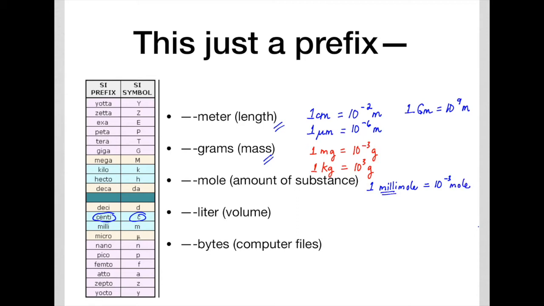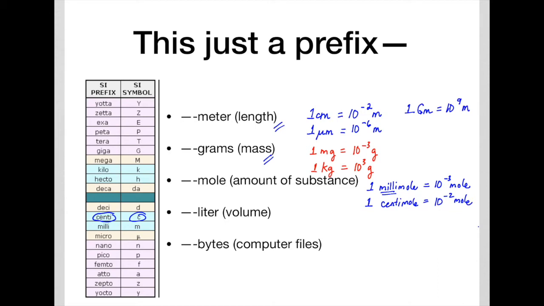So these are my dimensions. Another, if I have 1 centimole, which sounds weird, but this is how it goes, we have 10 raised to negative 2 mole.